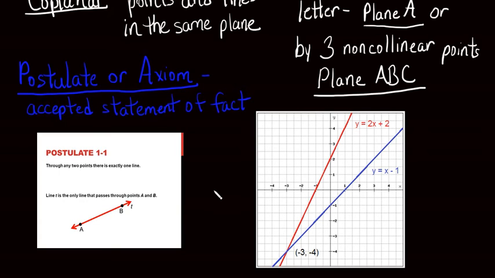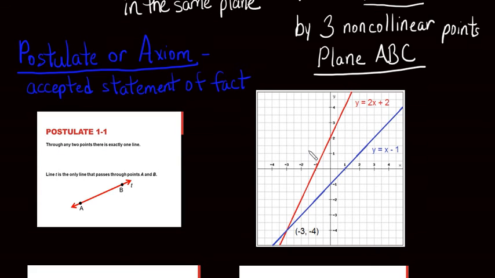As an example, I put right here, you did things like this in algebra. You graphed equations to show where the lines are on the graph. And you can pick out points, and through those points it's only going to be one line.